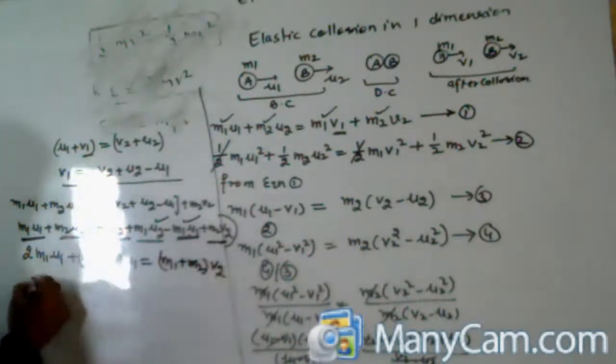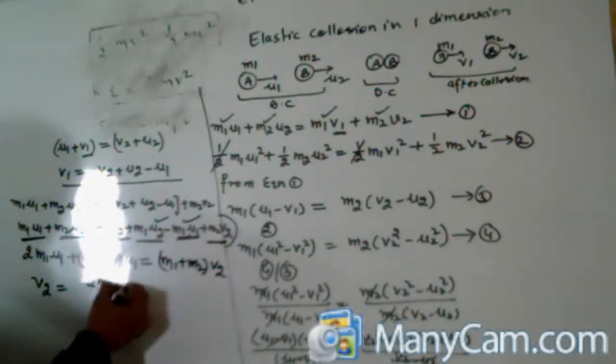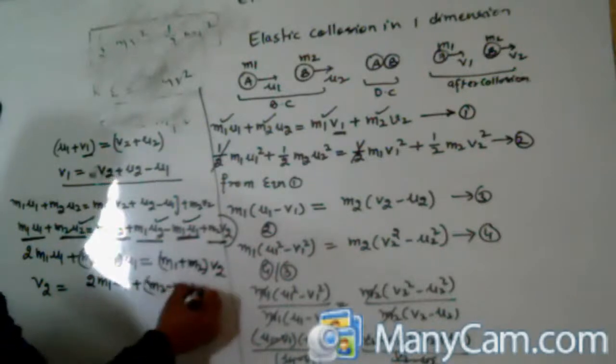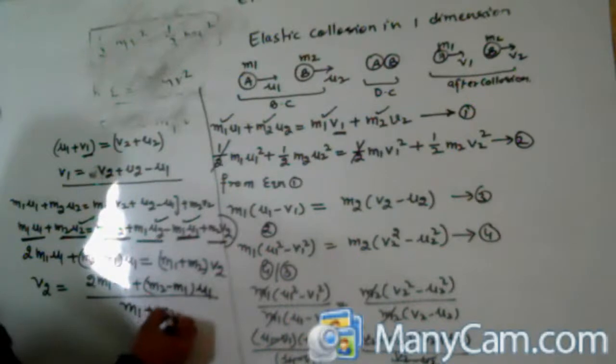So you can calculate the value of v2, that is equal to [2 m1 u1 plus (m2 minus m1) u2] divided by total mass (m1 plus m2).